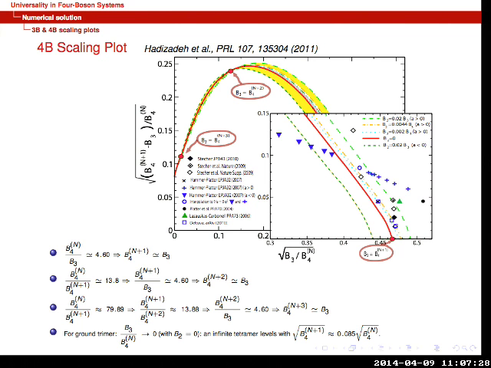Of course, if we move in the x-axis in this direction, this is the point where we have the ground trimer, and this is the point where the first excited tetramer appears, and this ratio B4 n over B3 is equal to 4.6.